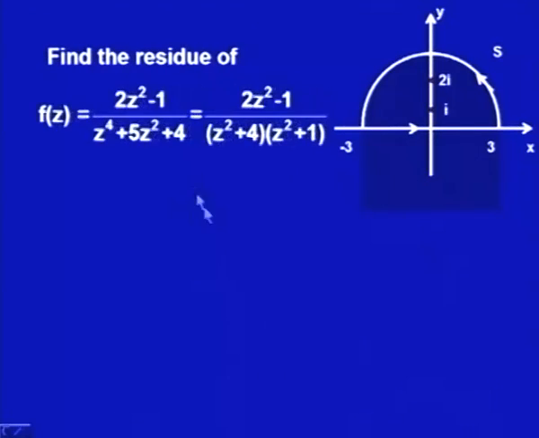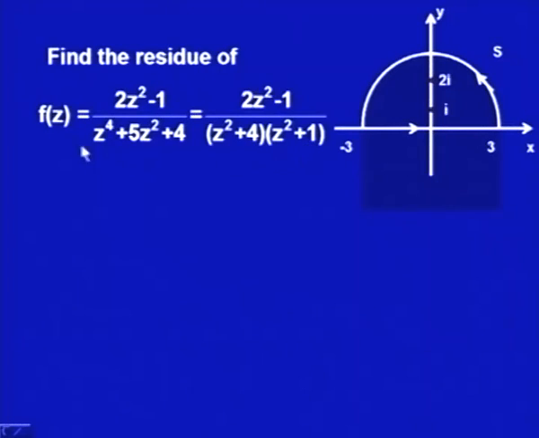The function is 2 z square minus 1 upon z to the power 4 plus 5 z square plus 4. The denominator we could write as z to the power 4 plus 5 z square plus 4, that is z square plus 4 into z square plus 1. So the zeros of the denominator: z square plus 4 is 0, that is z equal to plus minus 2i, and z square plus 1 is equal to 0, that is z equal to plus minus i.